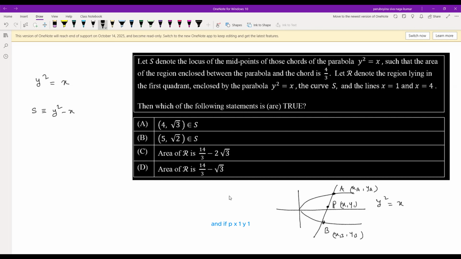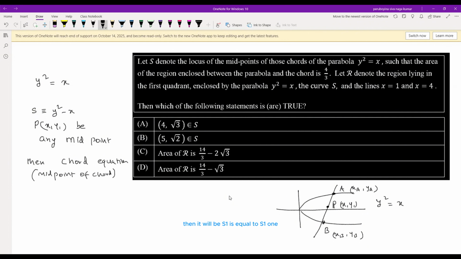And if P (x1, y1) be any midpoint of the chord, then the chord equation will be S1 is equal to S11.